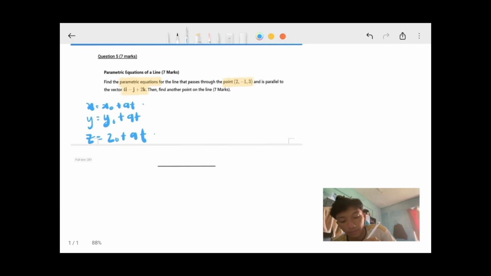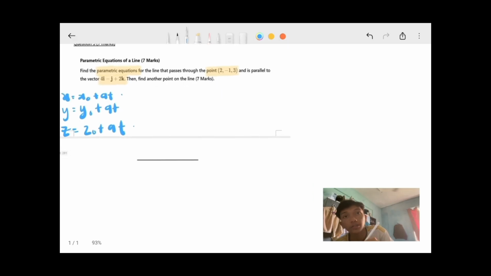We are given a point (2, -1, 3) and a direction vector 4i minus j plus 2k.